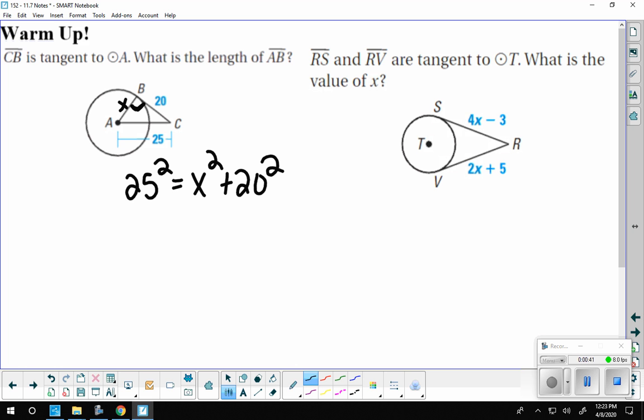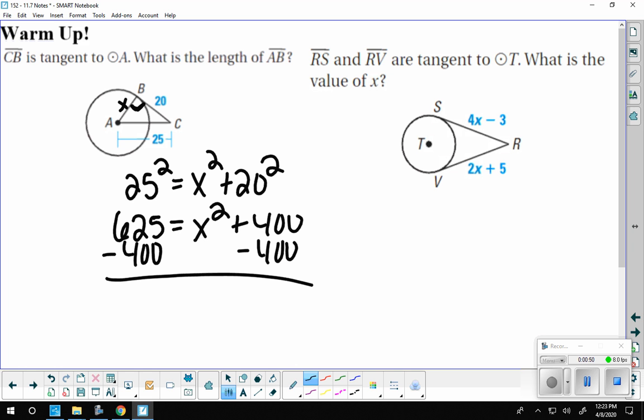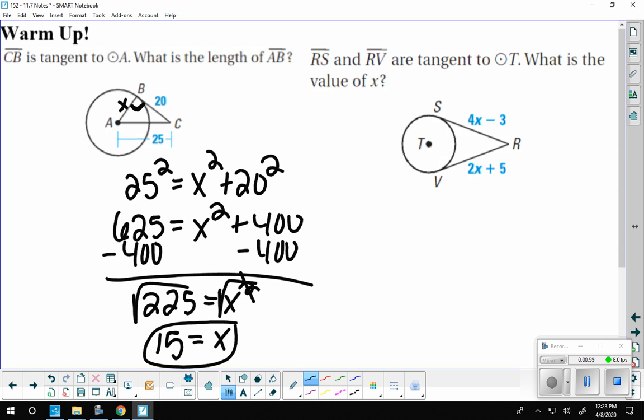So that is, say, 25 squared is 625, and 20 squared is 400. So I'm going to subtract 400 from both sides. We get 225 equals x squared. 225 is a perfect square, so we're going to square root both sides, and the square root of 225 is 15. So we get x equals 15.